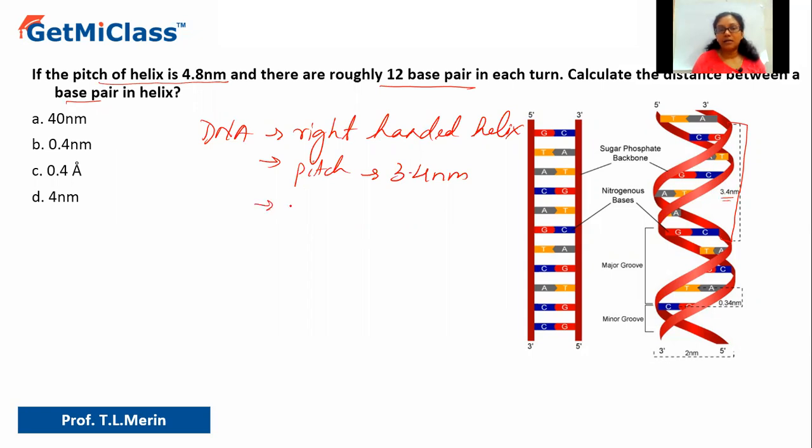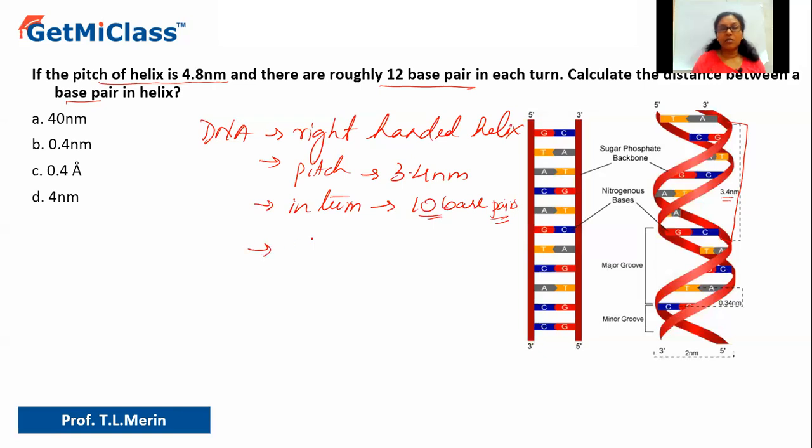And in one turn there are approximately 10 base pairs. Of course, it is 10.4 or something, but we will consider only 10 base pairs. So in one turn, there are 10 base pairs. Because we are talking about the double helix strand, we are considering base pairs.